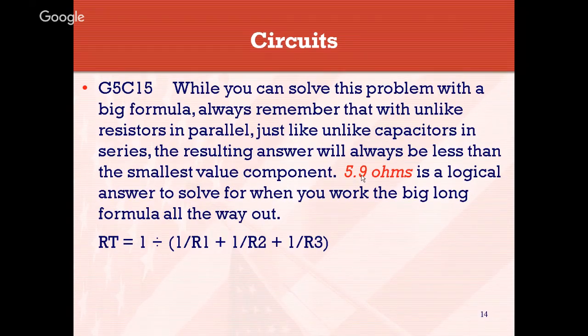So when you see that 10, 20, and 30, you automatically know that whatever you work out is going to be less than 10 ohms. Just a rule of thumb to keep in mind. But that is the formula for figuring out total resistance in a parallel resistance circuit.